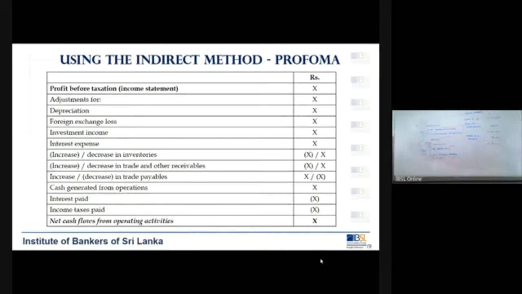You take the profit before tax, and then you do all these adjustments: depreciation, foreign exchange loss, investment income, interest expense, increase or decrease in inventories, receivables, trade payables, cash generated from operations, interest paid, income tax paid, and then you get the net operating activities.